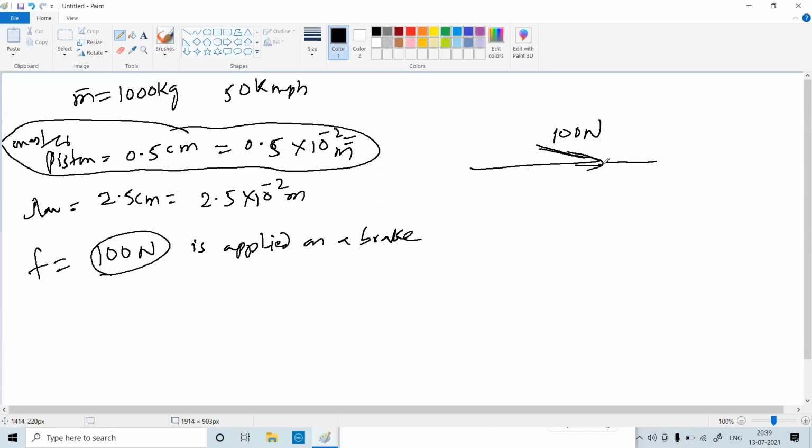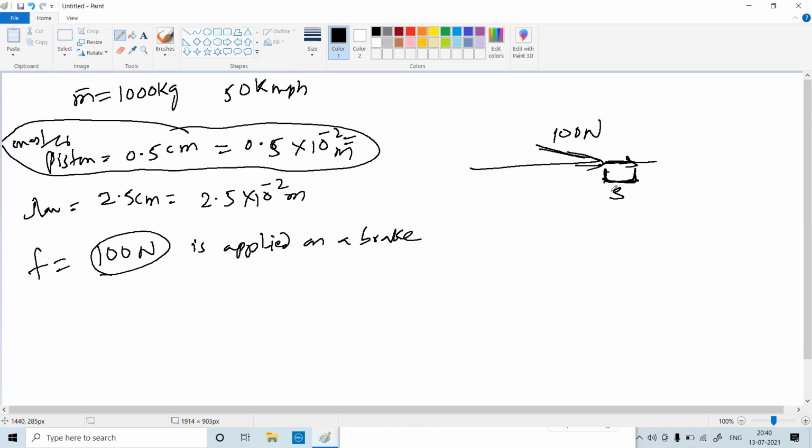No, obviously it has to travel a bit of distance. What is the distance traveled? You have to find that out. Is it clear?